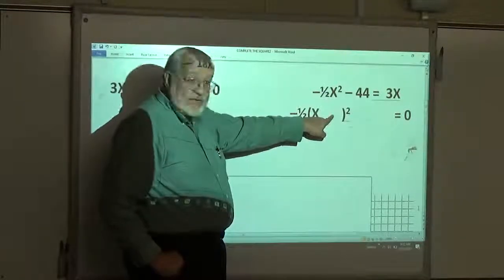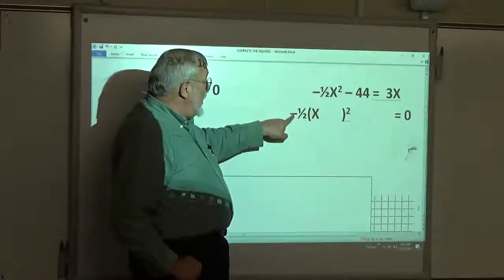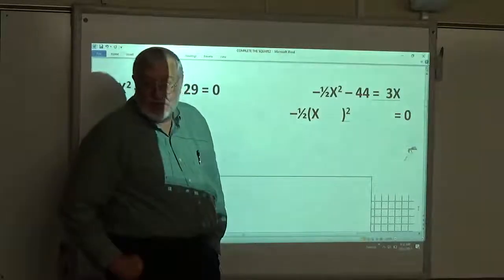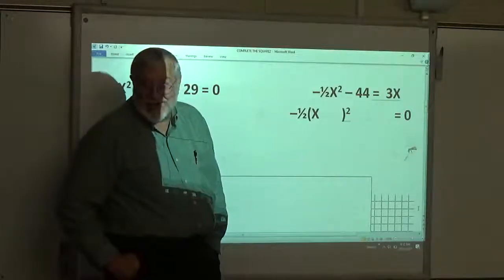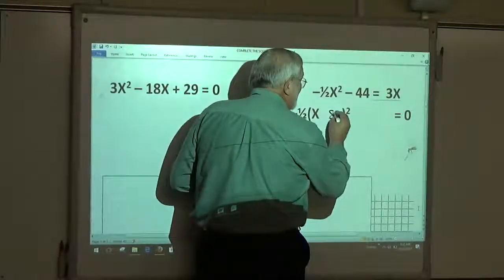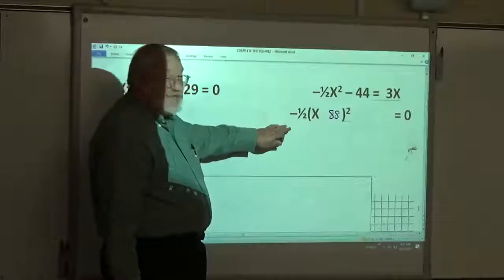So if I have a 22 in here, then when I multiply negative 22 times a half, I get 11. So I went the wrong way. So that makes this 88. 88. Now, what about the sign?